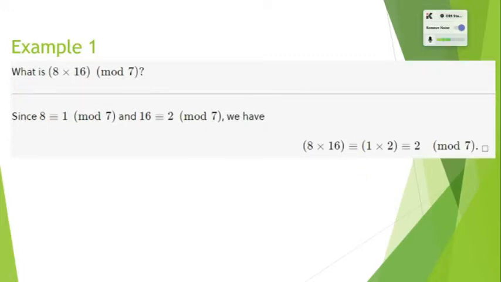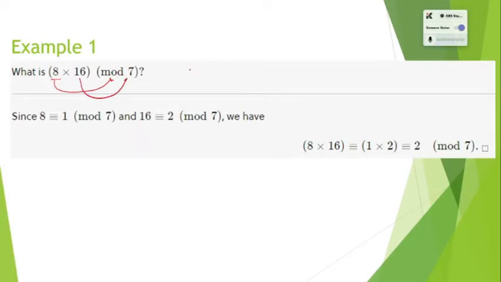Okay, now let's go with the next slide. So let's have this example. What is 8 times 16 mod 7? Paano kinuha yung solution na yan? Ang unang ginawa is kinuha muna yung 8 mod 7, then 16 mod 7.